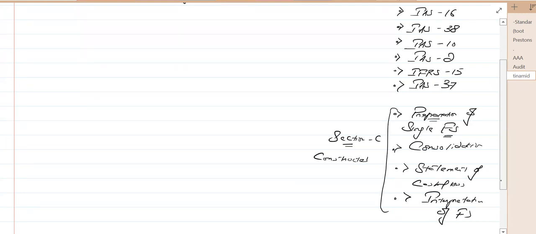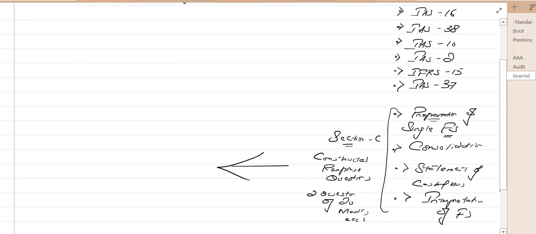So Section C, you can say, is the case study question, long question, or constructed response question, where you are supposed to solve these things in Excel or the WordPad. So 2 questions of 20 marks each. They are tested in the F7, the financial reporting exam.